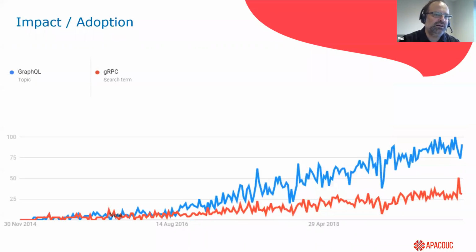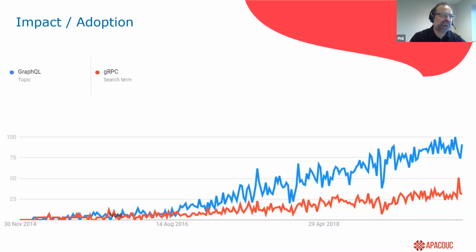So it was worth, I thought, when this subject came up quite a few times as a result of conversations with clients, to explore a little bit about adoption and how much impact. And you can see from this graph, this is from Google Trends, the adoption pattern.